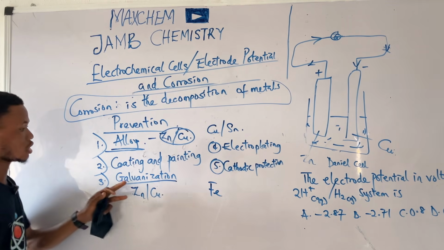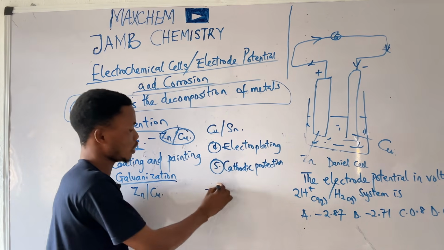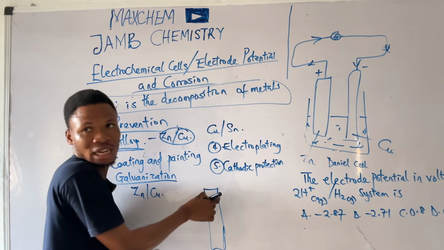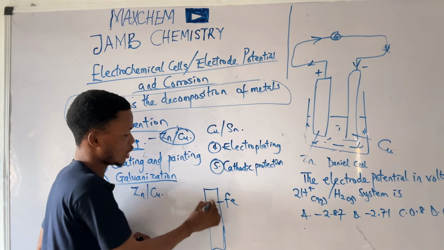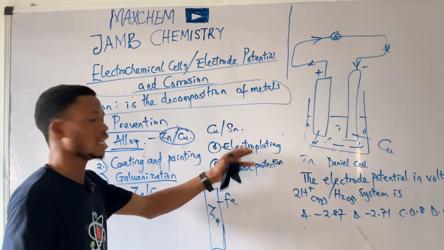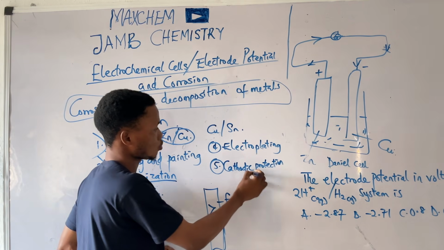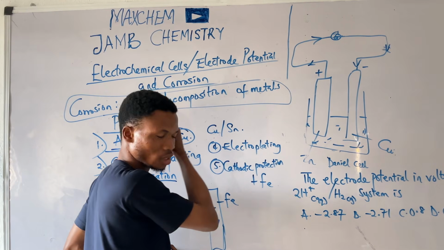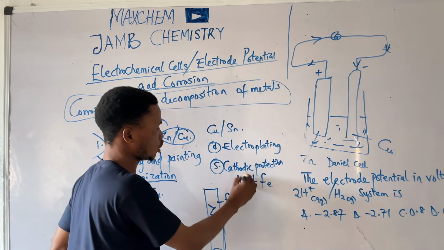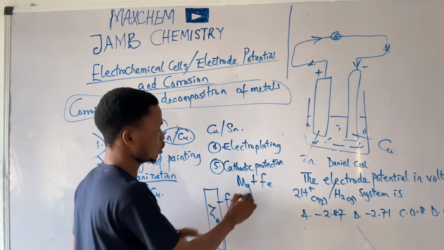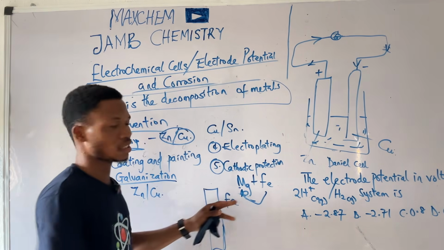Now electroplating is when we polish the surface of a metal with another metal. For example, this can be iron, and we can polish the surface of this metal with zinc. Now, cathodic protection is when you mix the metal with a reactive metal like magnesium.